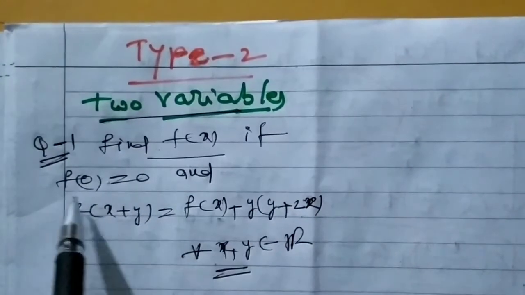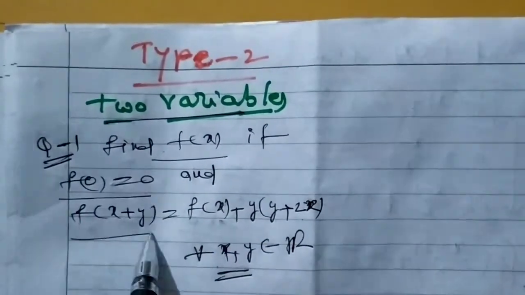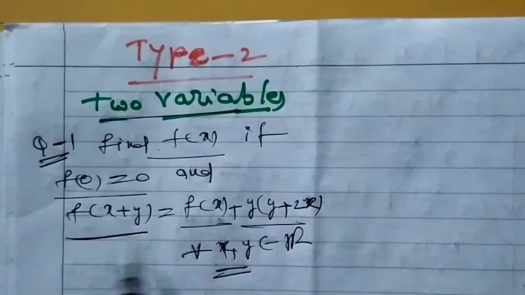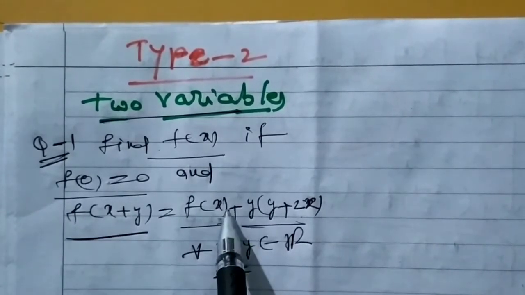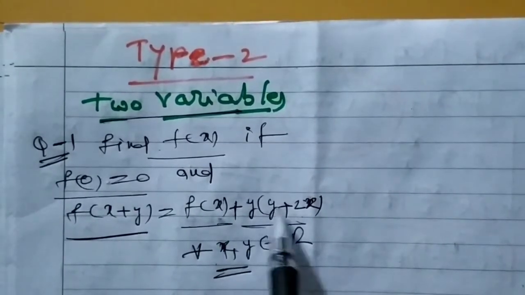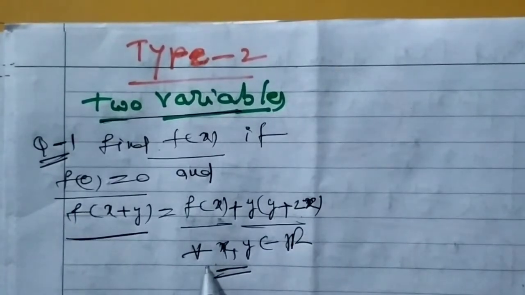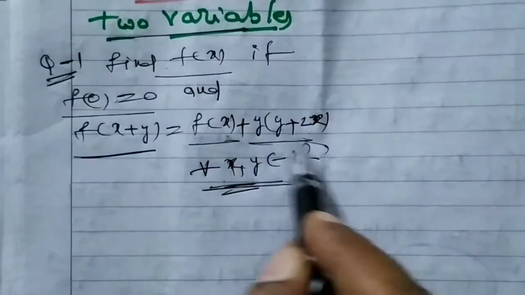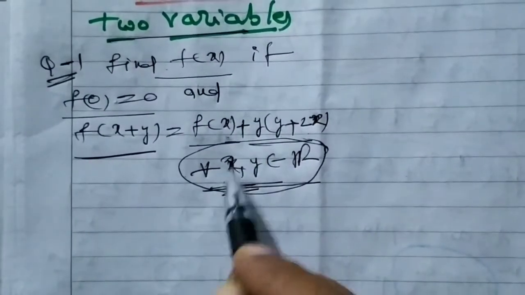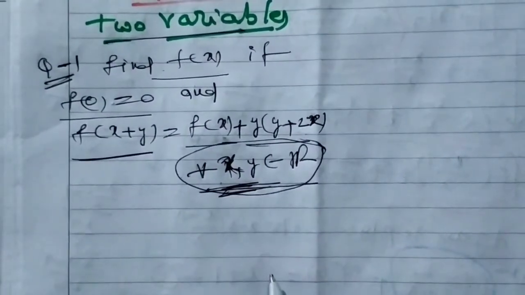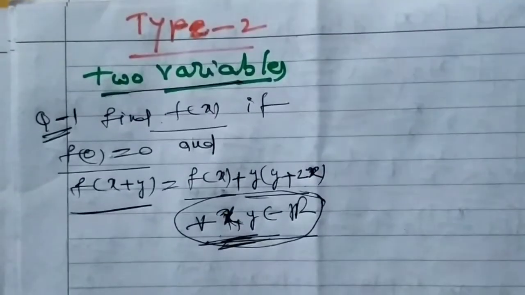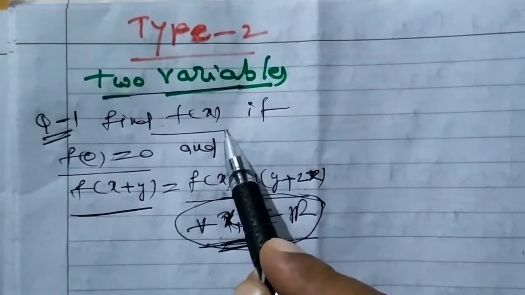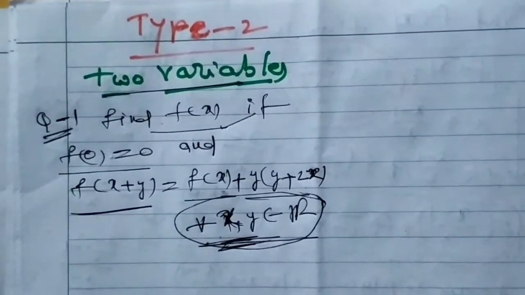Find f of x if f of 0 is equal to 0 and f of x plus y is equal to f of x plus y into y plus 2x for all x belongs to R. You must remember that for all x belongs to R, x comma y should be R. So whatever function we are taking should be defined for all x comma y.